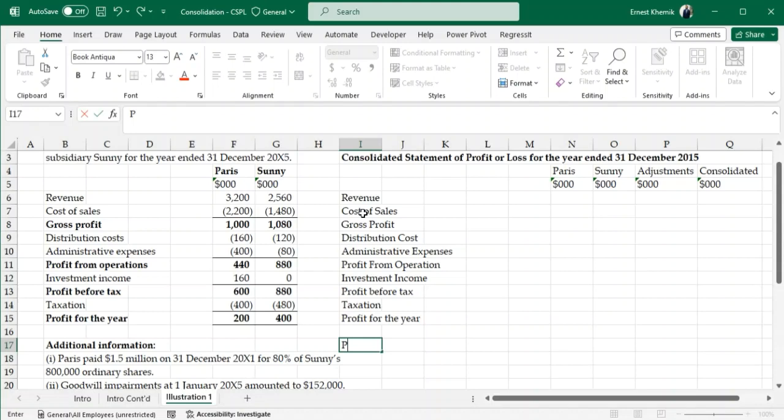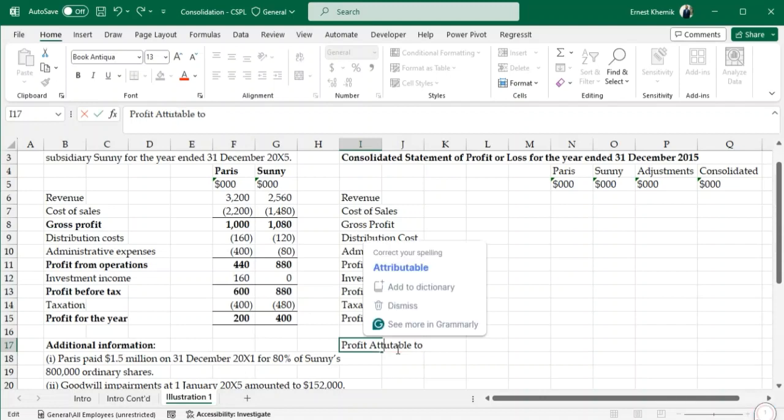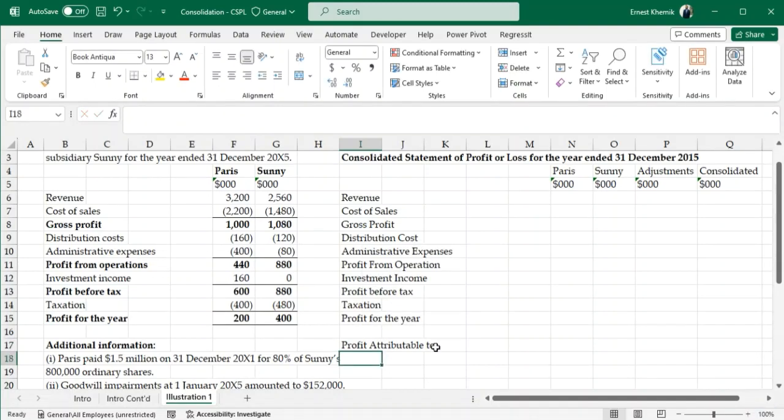We will have profit attributable to the owners of the parent, which is the shareholders of the parent, and then non-controlling interests.